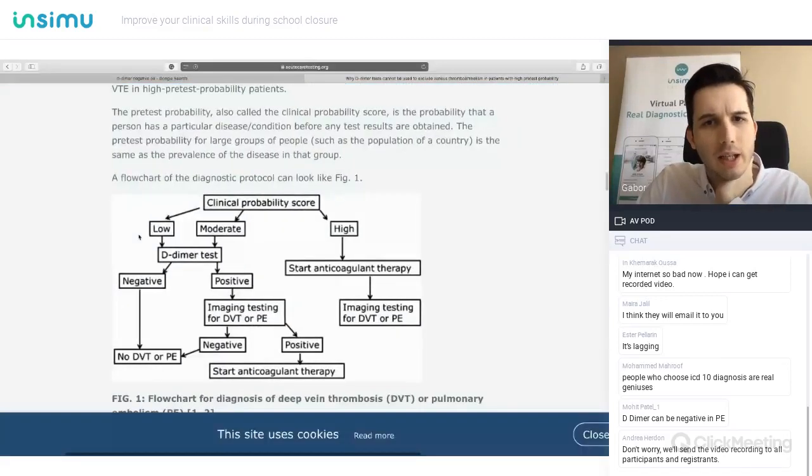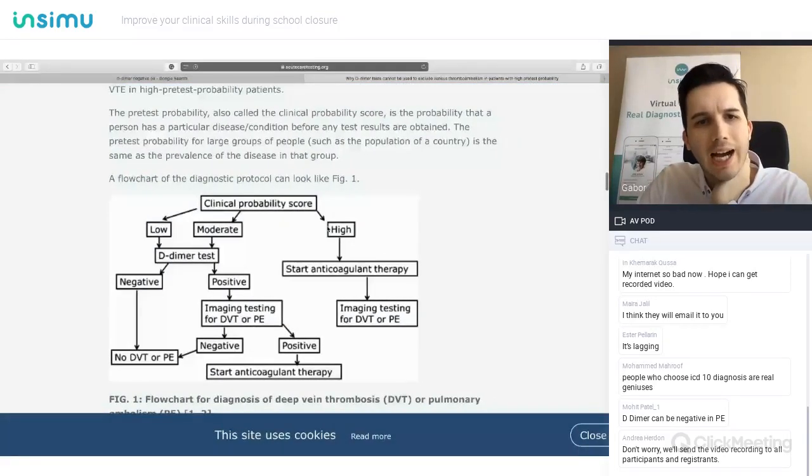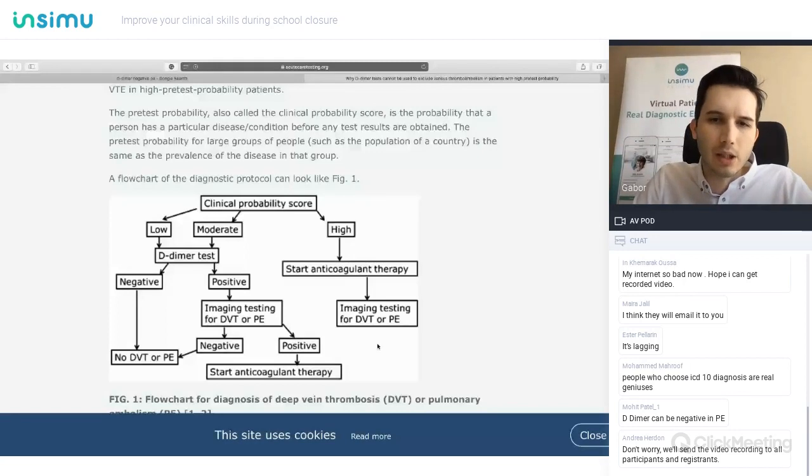So clinical probability score, if it's very high, then we should already do testing for pulmonary embolism or deep vein thrombosis, and we cannot use the D-dimer test to exclude pulmonary embolism. So that's very interesting.